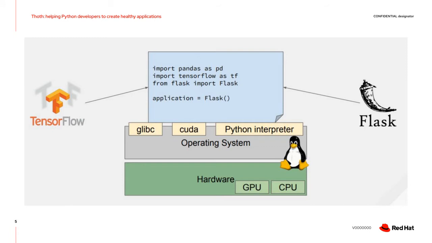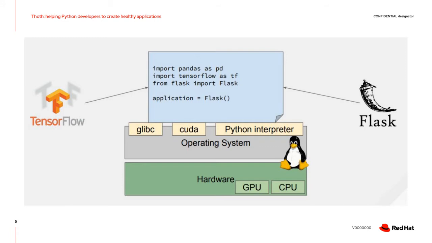Also, the application needs to run inside some environment that is provided by the operating system. And as we use Python, we run some Python interpreter version that is offered by the operating system. Besides the Python interpreter, the operating system can also provide us other native dependencies that can be directly or indirectly used by our application.